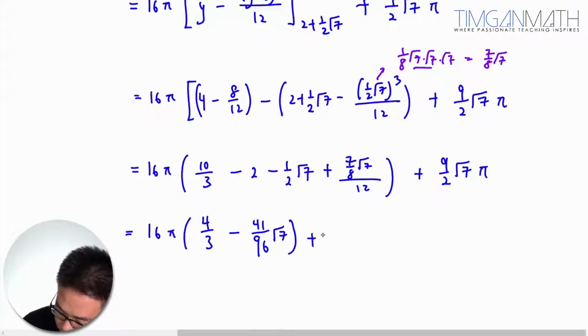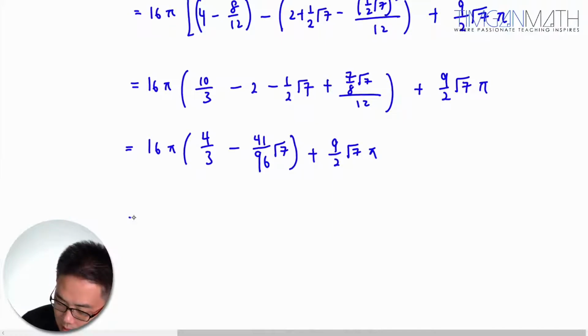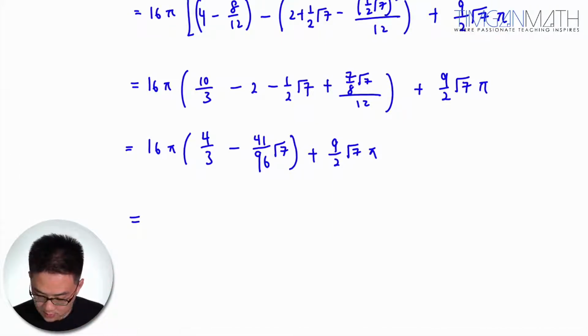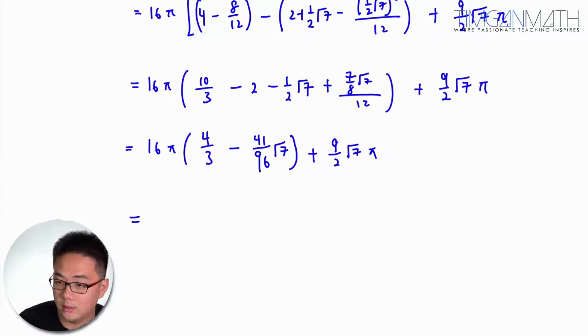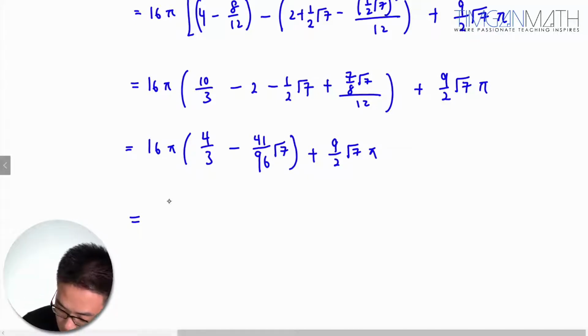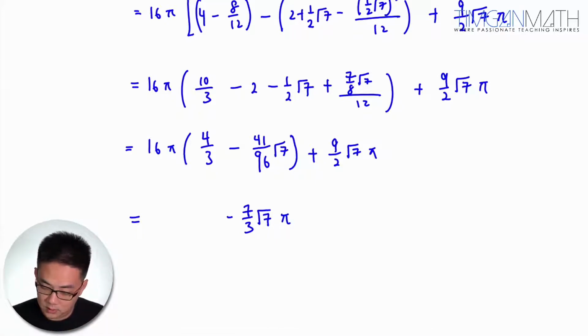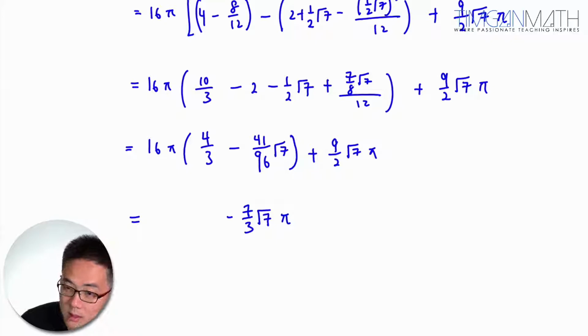And there you go. Negative 7 over 3 root 7 pi, and we have 4 over 3 times 16, which is actually just 64.